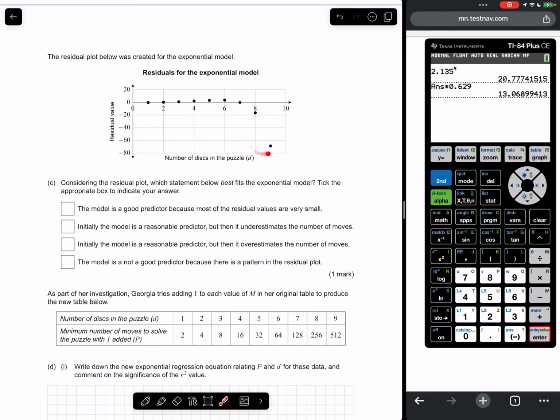Generally true, but then you have these. Initially, the model is a reasonable predictor, but then it underestimates the number of moves. It's not underestimating. It's overestimating. It's estimating this, but the actual data is well below it. Initially, the model is a reasonable predictor, but then it overestimates. This is looking good. The model is not a good predictor because there is a pattern.